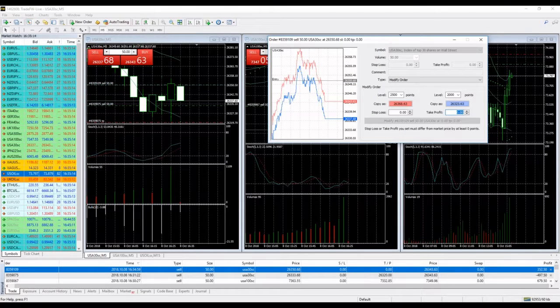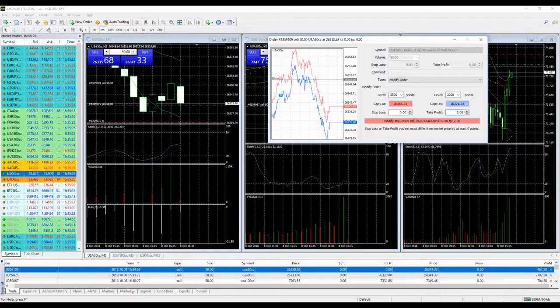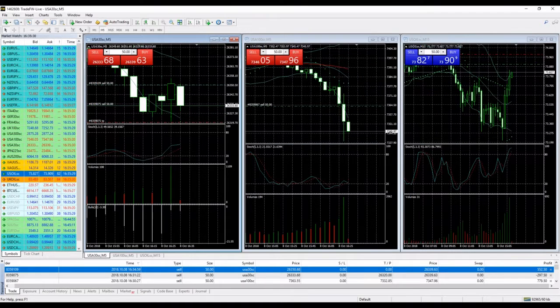And we are already making $400 on that position, $500 on that position. There we go. This is what we want. And our profit is 26,320. Also for this position, we put the same take profit as our first USA 100 position.